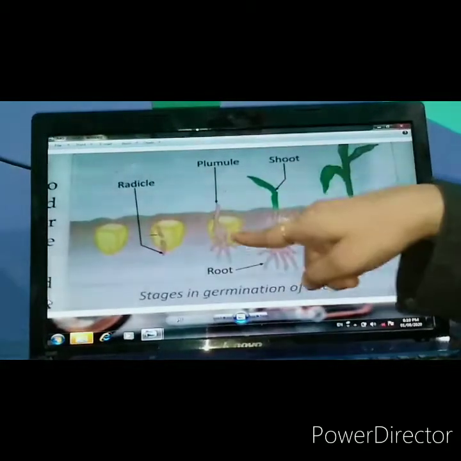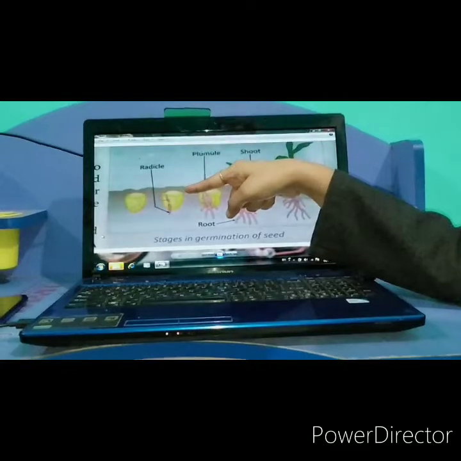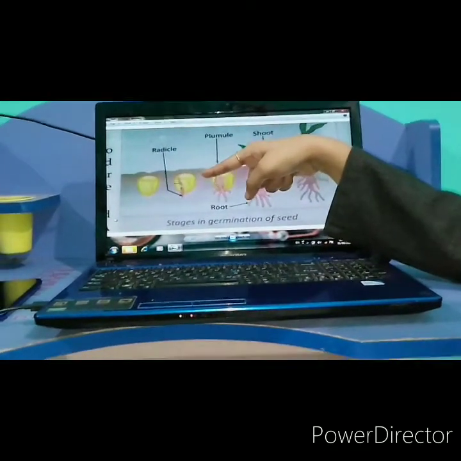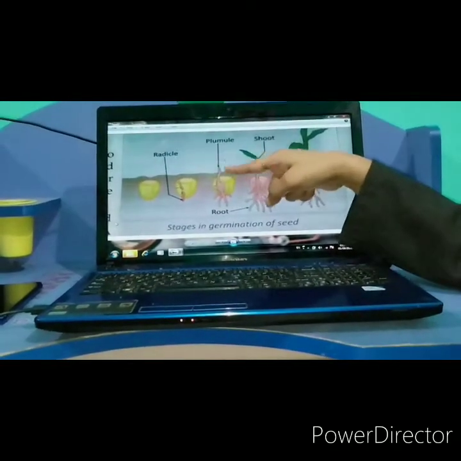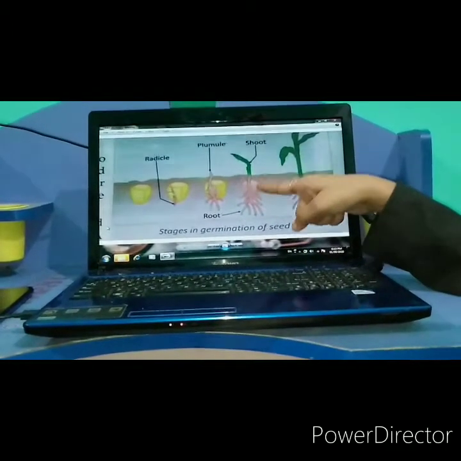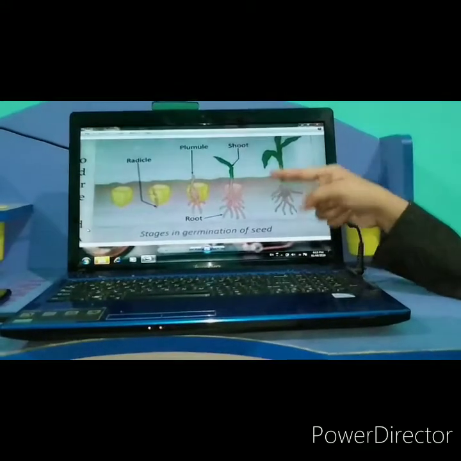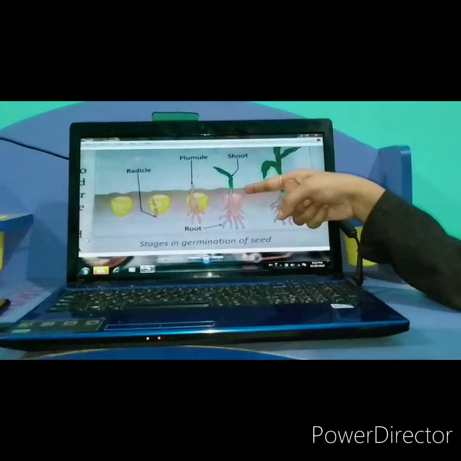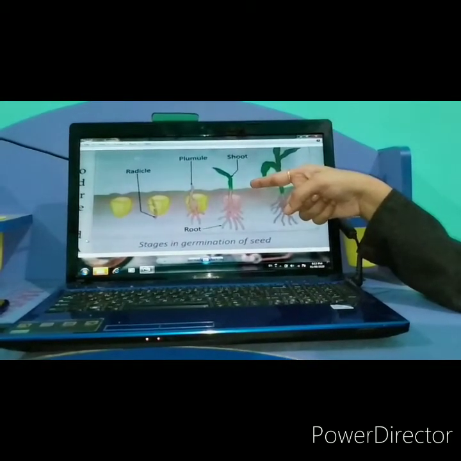After that you give some water and it absorbs nutrients from the soil. First the outer layer of the seed will break out. After that the root starts to grow, and after some time the shoot system will start. This is the shoot system, and it means the shoot will appear.